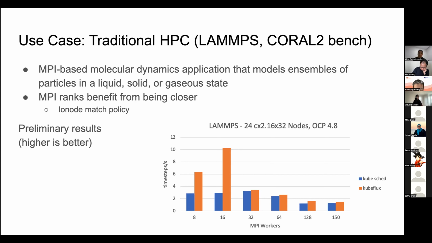Yeah, I think one thing to evaluate is the overhead of your plugin hook calling the external Fluxion gRPC service, how the overhead looks.